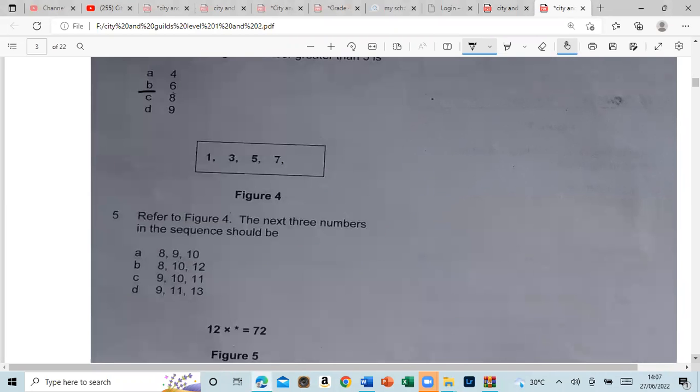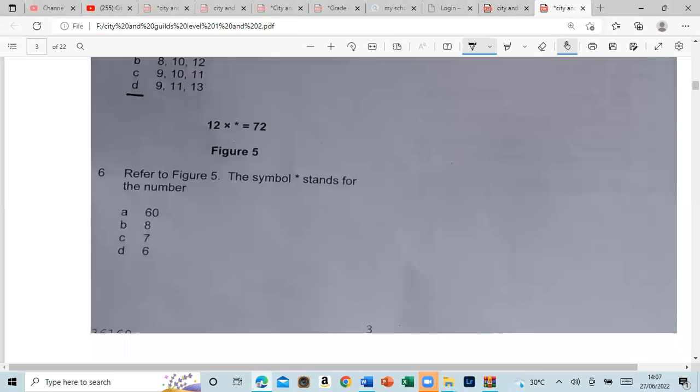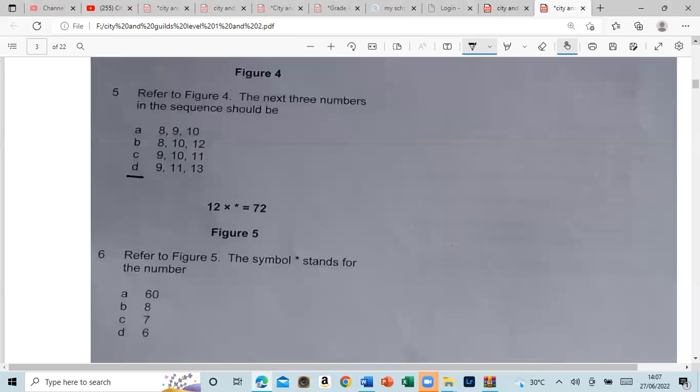Number 5, refer to figure 4. The next 3 numbers in the sequence should be, let's see, adding 2, so 7, 9, 11, and 13. Number 6, refer to figure 5. The symbol stands for the number.